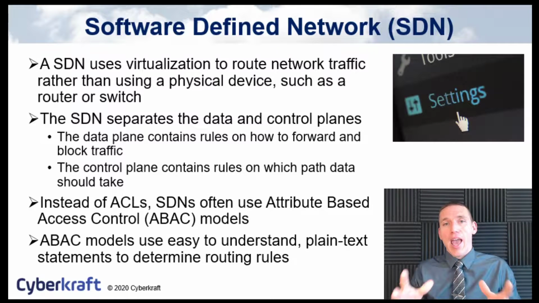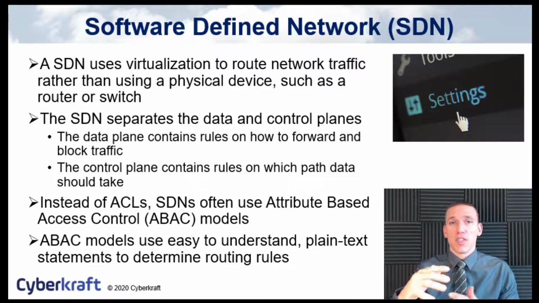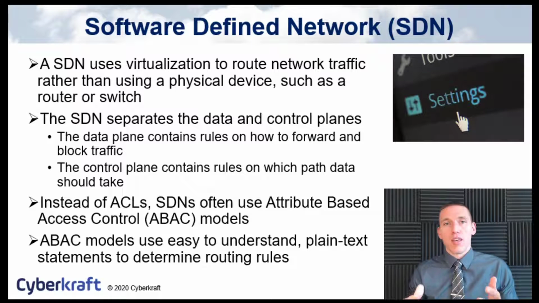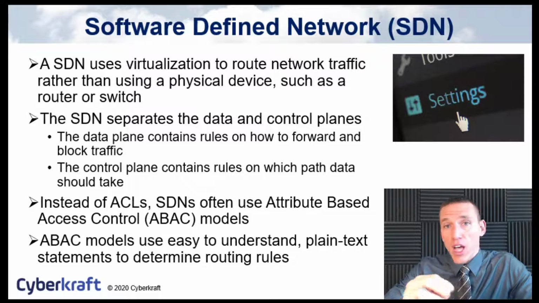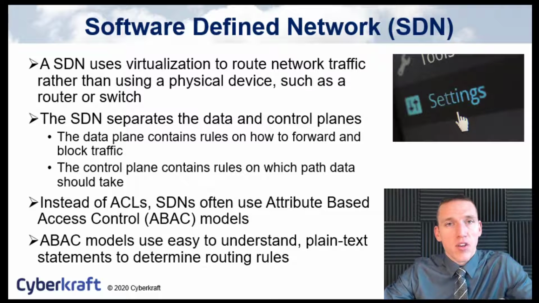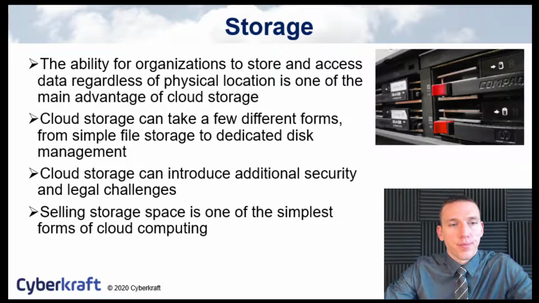Any of those things can be attributes. You can place a bunch of different attributes together to describe something in a plain text sentence almost. And that's just the way the logic works within ABAC, or attribute-based access control.